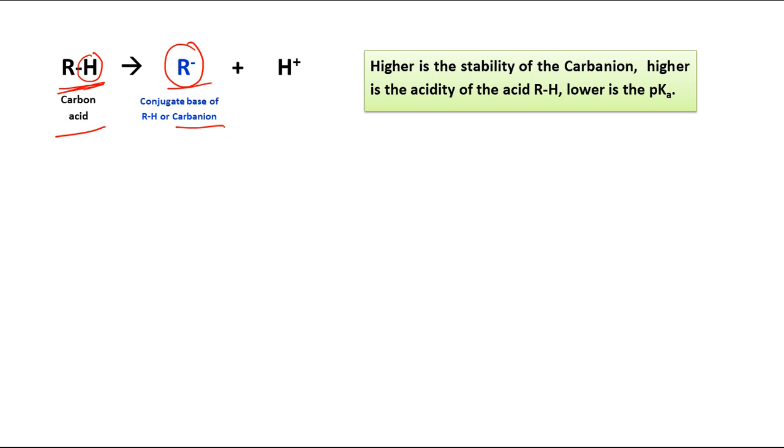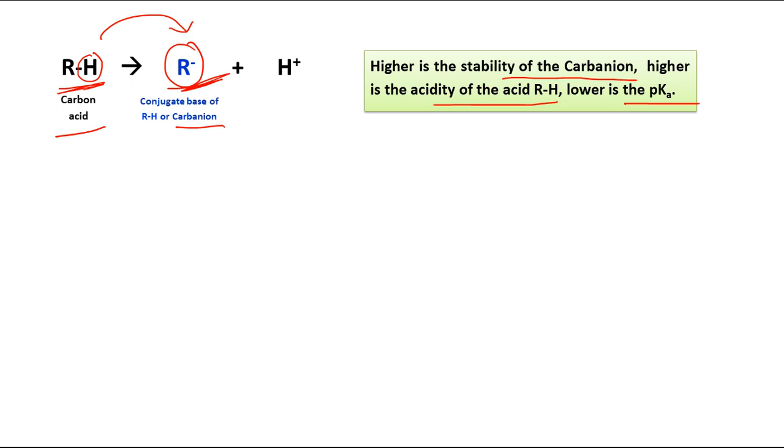But if the Carbanion is very stable, that means if the conjugate base of this RH is very stable, the equilibrium will be mostly towards the right hand side. So RH will remain in the dissociated form, R minus and H plus. That is why it is written here that the higher the stability of the Carbanion, the higher the acidity of the acid, it will remain in dissociated form mostly, and the lower will be the pKa, because acidity and pKa are inversely related.